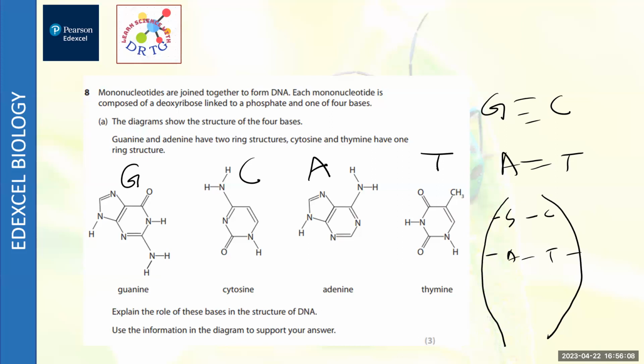If you want, you can also write A and T make 2 hydrogen bonds, G and C make 3 hydrogen bonds. This is called complementary base pairing.